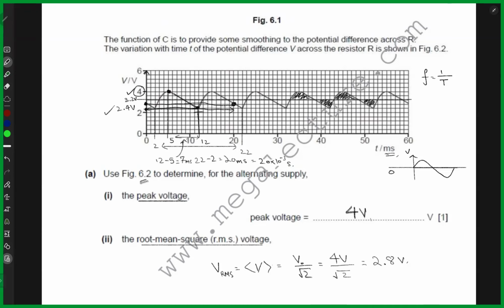Part which is up, part which is down, part which is up, right? We take the average of the highest and the lowest value, 4 and 2.4. It should give you 3.2 volts exactly.